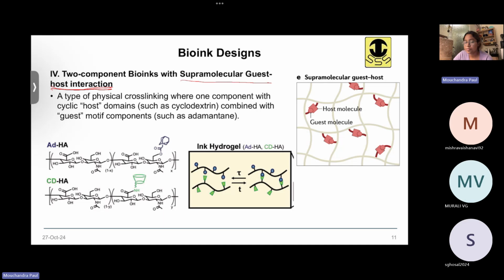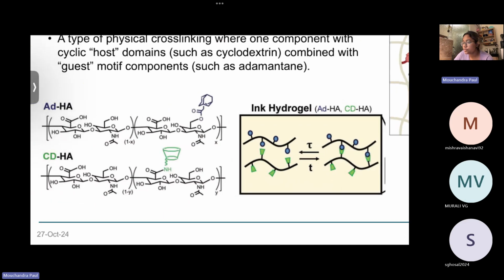The image that I have taken is from a paper by Jason Burdick's group. They have developed this two-component system. The base material that they have used is hyaluronic acid. One batch of hyaluronic acid is modified with a molecule called adamantane, and another batch of hyaluronic acid is modified with a molecule called cyclodextrin.